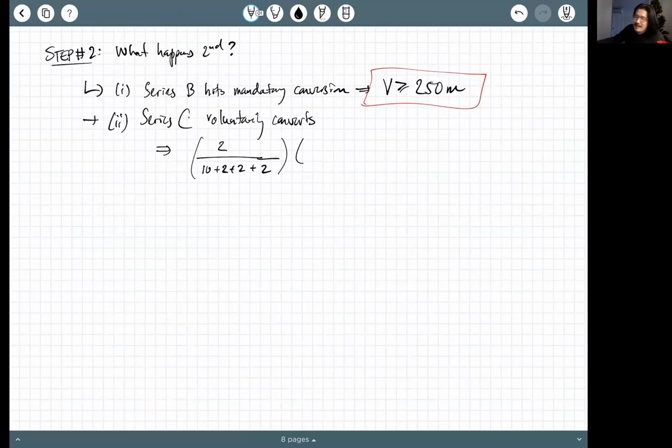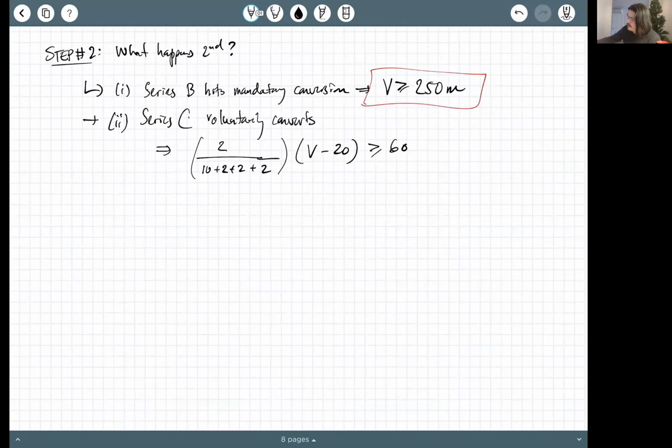What would be the outstanding liquidation preference now? There would only be the 20 million in liquidation preference still owed to Series B at this stage, because B, if Series C voluntarily converts before B hits mandatory conversion, would still get their 20 million in liquidation preference. And that would have to be greater or equal to 60 million.